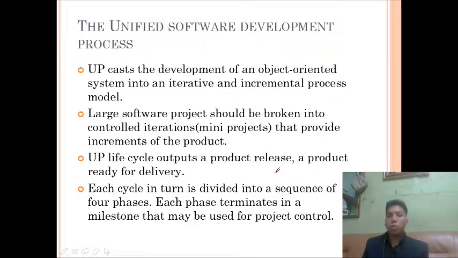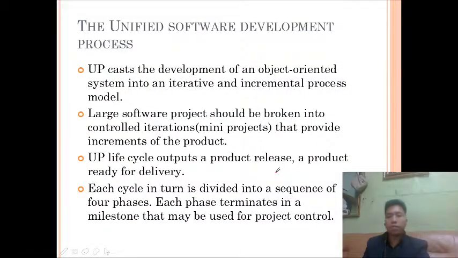This is one of the advantages of the UML system, in which every milestone that it achieves creates a project baseline, which we will discuss later on. So this milestone can be used for project control, such that the UML can predict what's going to happen in the next processes of the software development lifecycle.